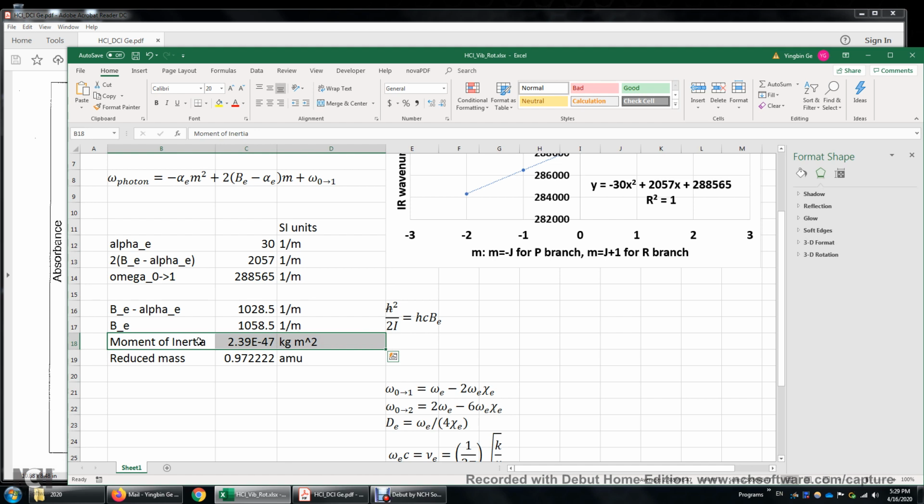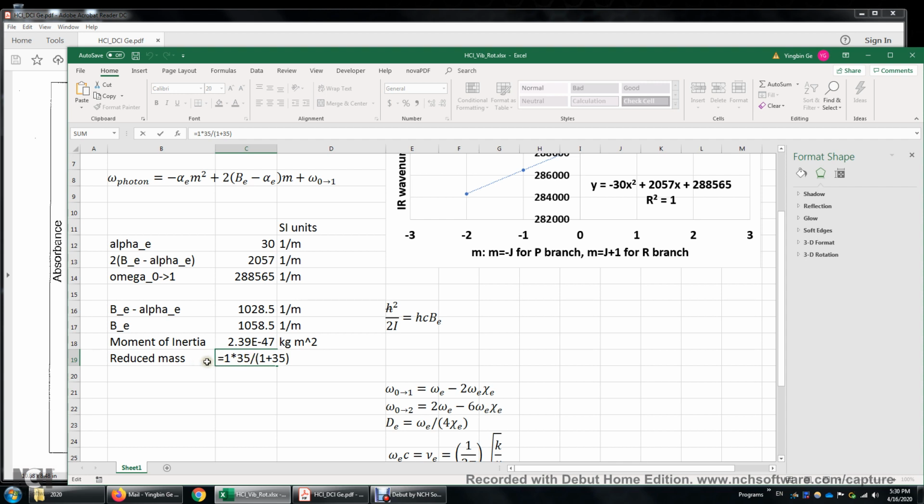That's very important. So what's the reduced mass of HCl? Simple. It's 1 times 35 divided by 1 plus 35 atomic mass unit. Again, I am not worrying about the accuracy. What you need to do is replace this 1 with 1.008 atomic mass unit, and also 35 with a more precise number for the mass of chlorine 35.